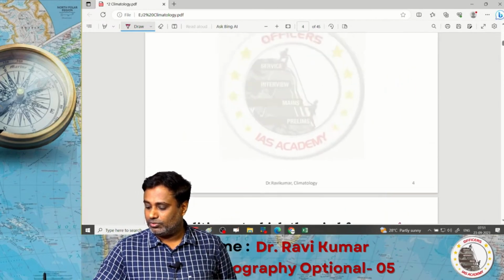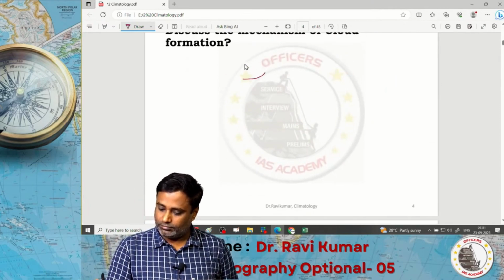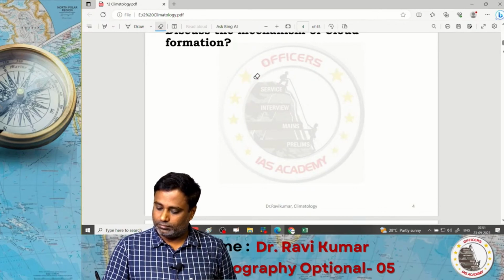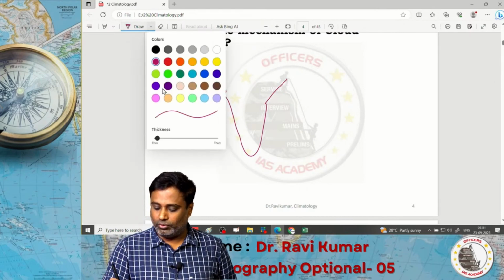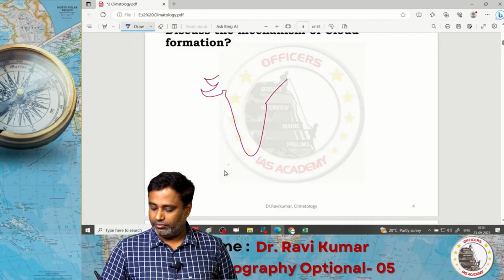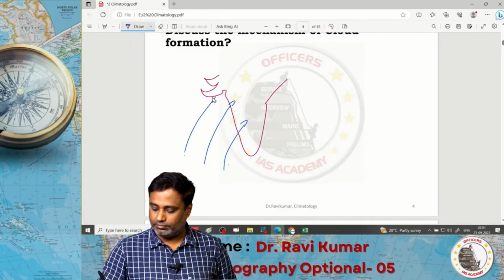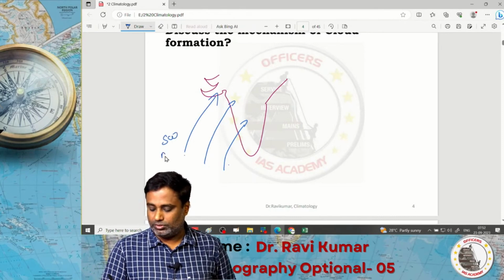Okay, I will go to the previous page. So we have a wind system which flows from the Arabian Sea to the Indian subcontinent. This is the southwest monsoon.